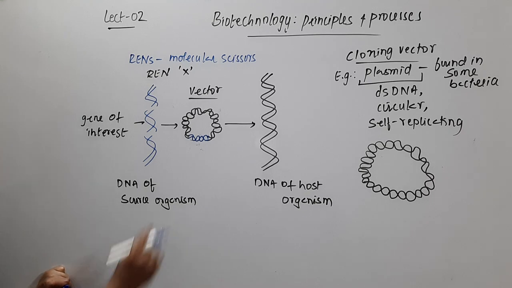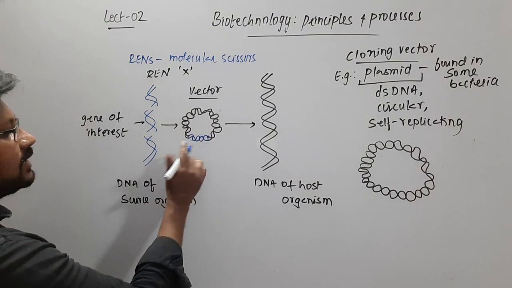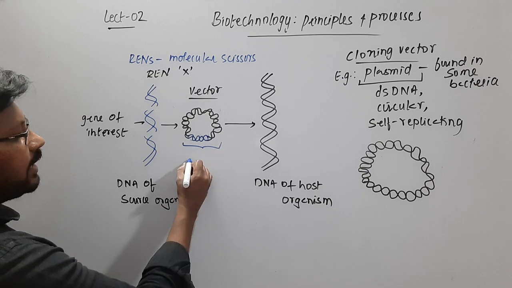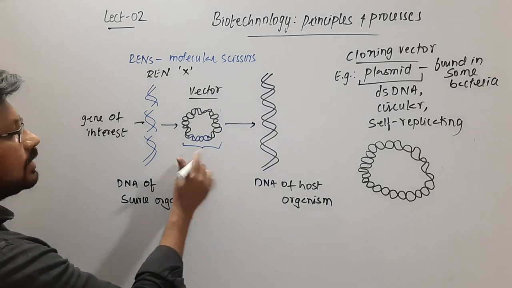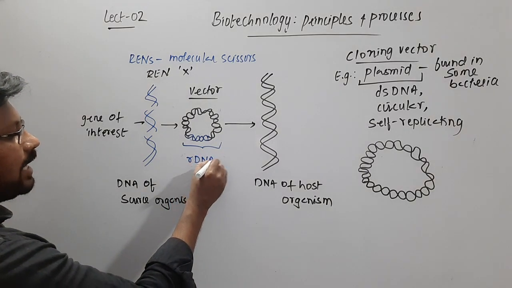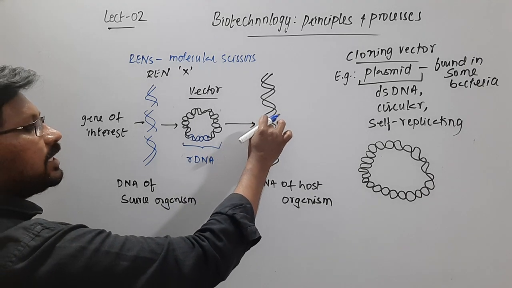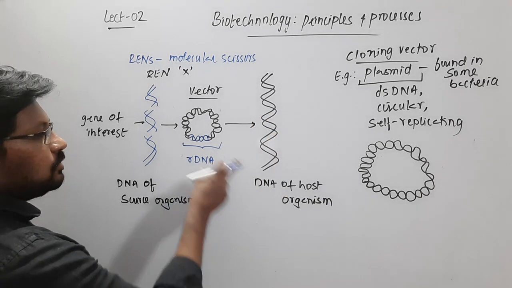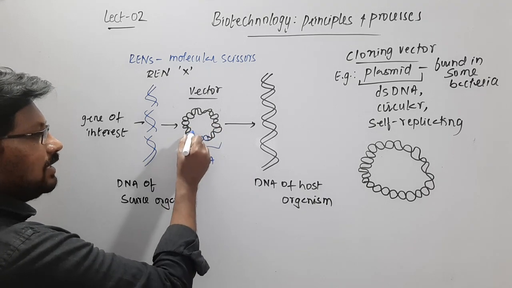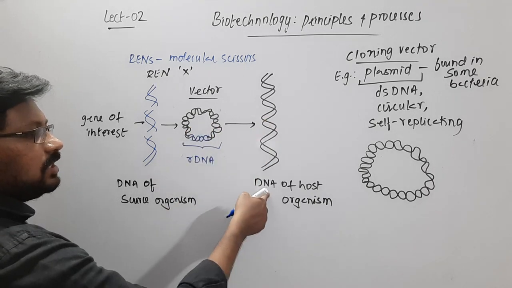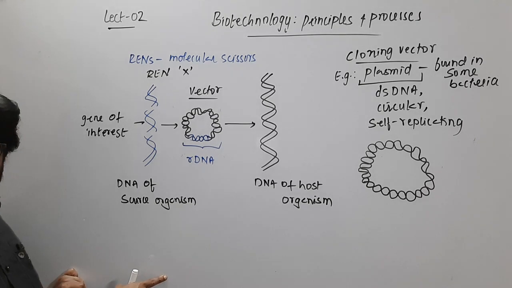So this is what I say, in fact, the rDNA. I can call this rDNA, the recombinant DNA molecule. And that I'm going to put into the DNA. So this vector is going to carry this gene of interest into the DNA of the host organism here.